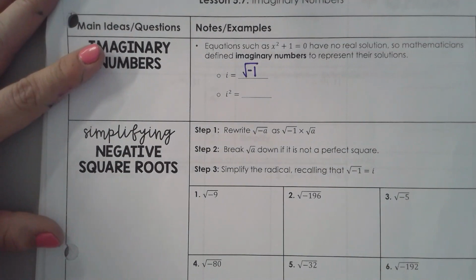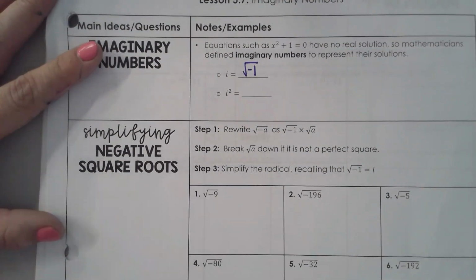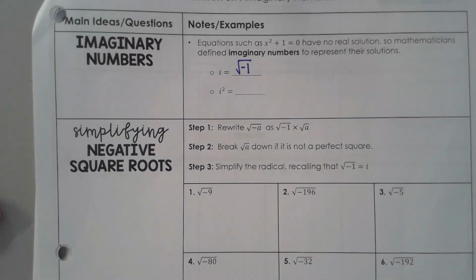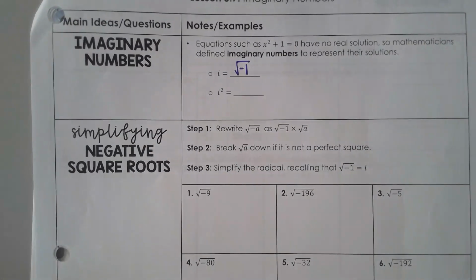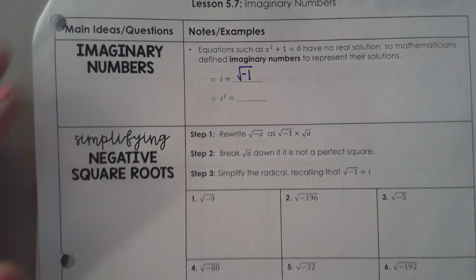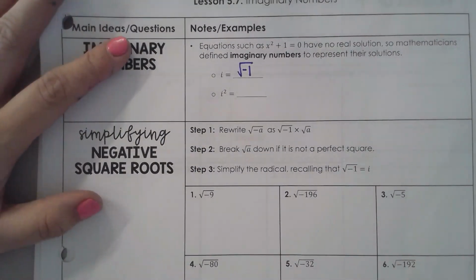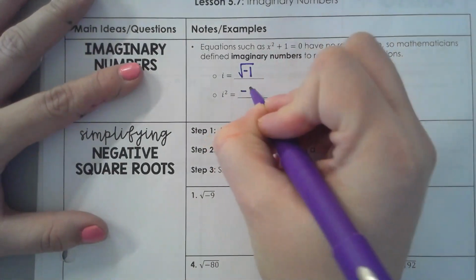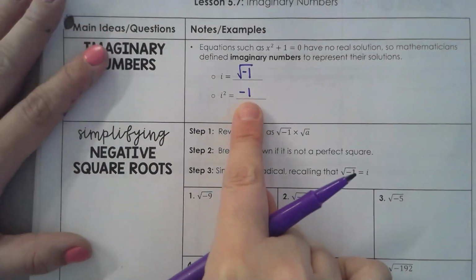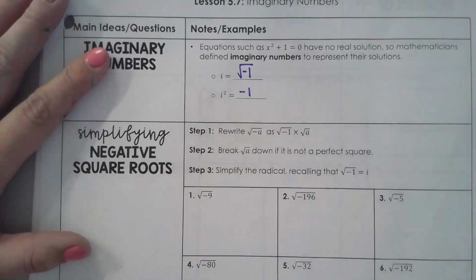You should be able to tell me that the square root of negative 1 is i. And i squared, we're not going to do the back page of these notes. If we did, you would have to know that, but we're going to skip it.